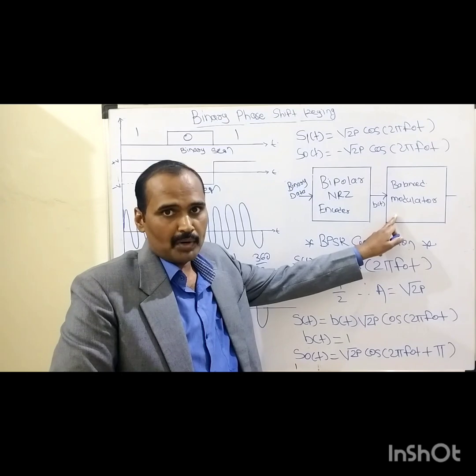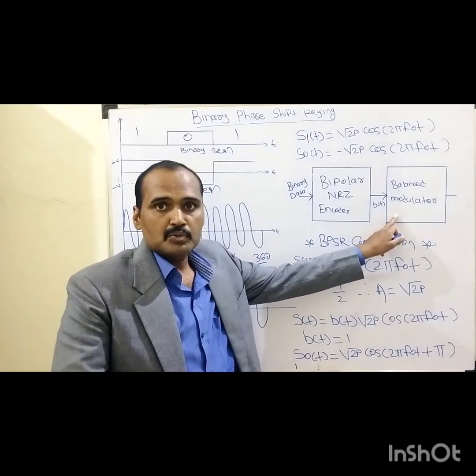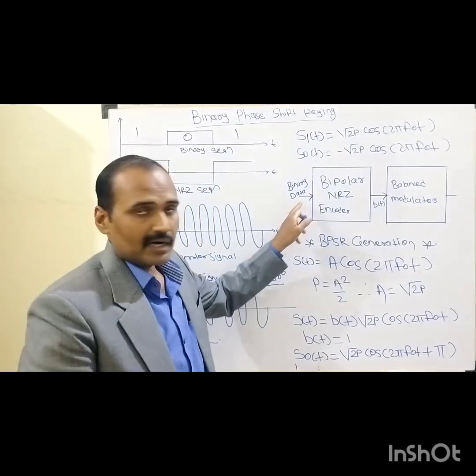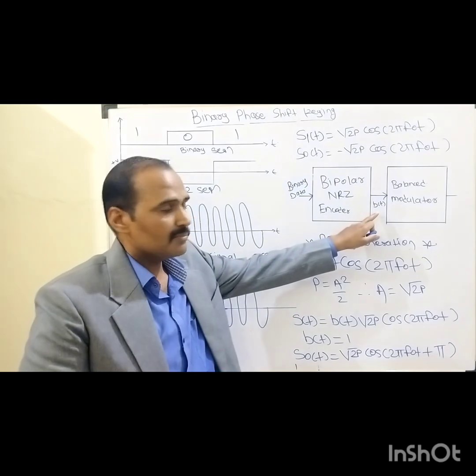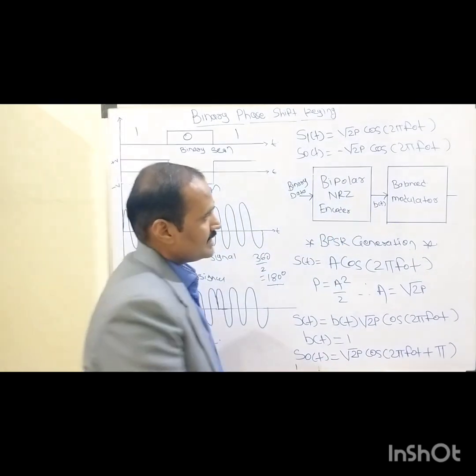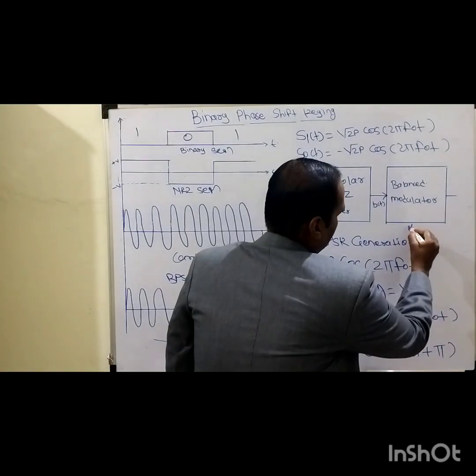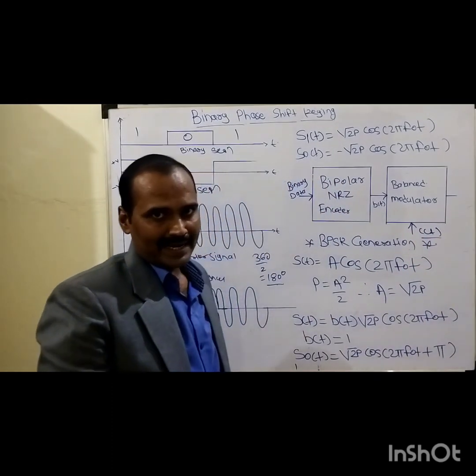Then the second block is the balanced modulator. To that balanced modulator, two inputs are given. The first is the NRZ type of binary symbol sequence, and the second input is c of t, the unmodulated carrier signal.